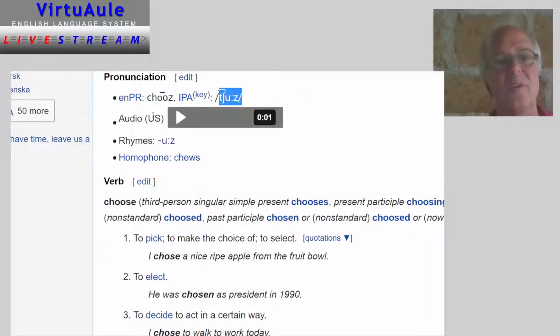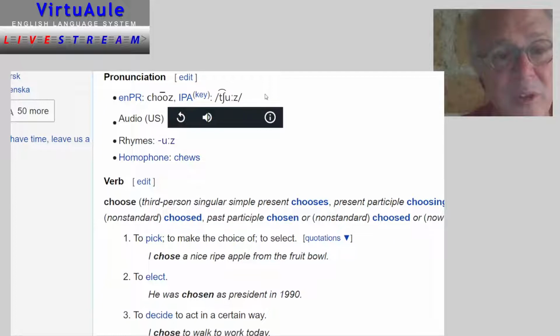Choose, and you can see that choose is typical in all English. We don't have a change between British English and American English, and we have a homophone. You see, a homophone is a word that has exactly the same sound. So, choose is chew. Chew is what you do with food.